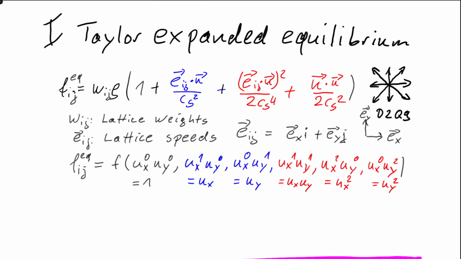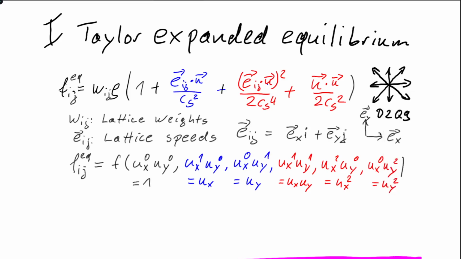Okay, and this equilibrium is independent of the lattice that we are using. So for any lattice that you could think about, we would use the same equilibrium function. Of course, this lattice has to be large enough, so it has to have enough speeds to actually cover all these velocities.